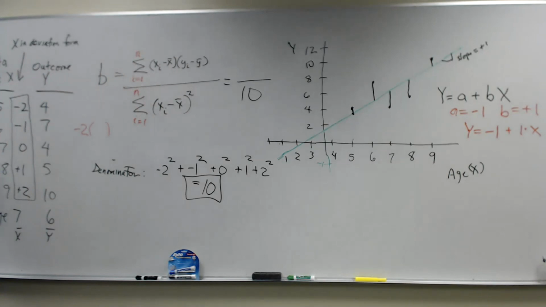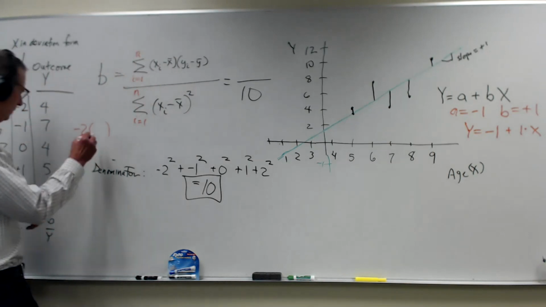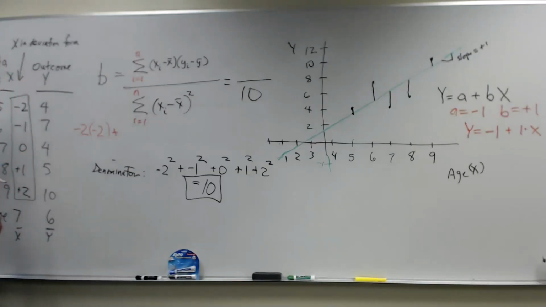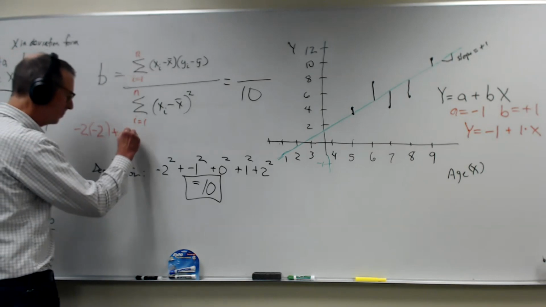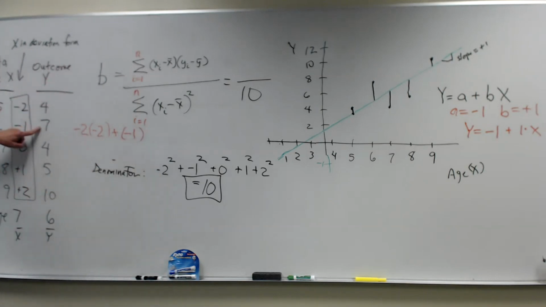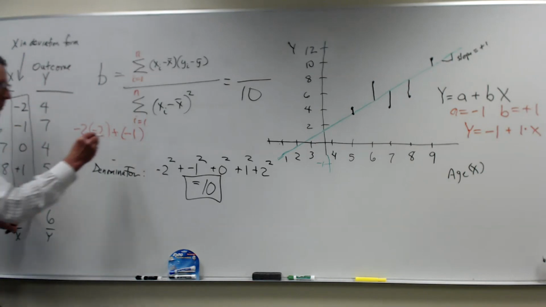So I asked what, in the case of the first observation, yi minus y bar is. Yi is 4, mean of 6, so it's going to be -2, right? Plus, now we've got xi minus x bar is -1, and yi minus y bar is 7 minus 6, which is +1.